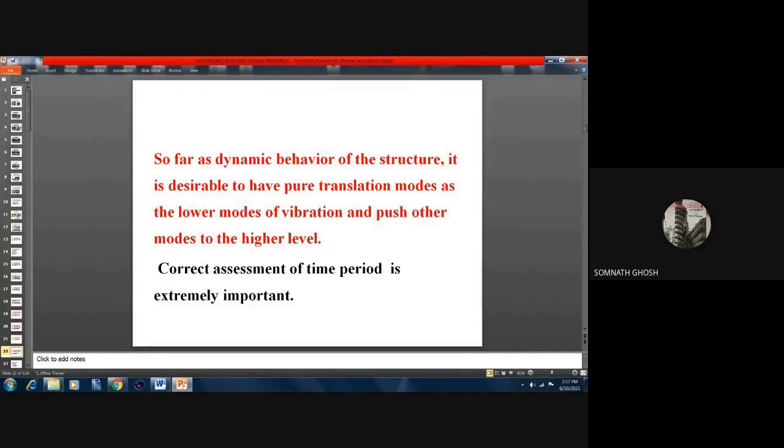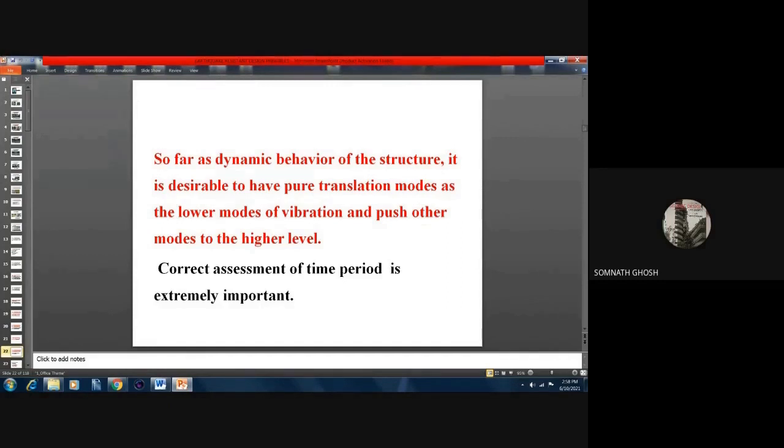Correct assessment of time period is extremely important. That you can easily understand. If the time period is not assessed properly, then your Sa by g will be wrong. If your Sa by g is wrong, then your base shear is wrong. Then the entire analysis is wrong, design is wrong. So time period assessment is extremely important when you are dealing with code.